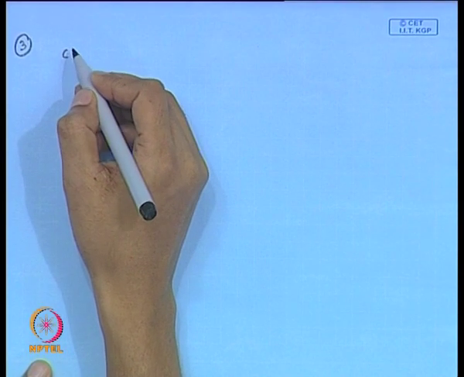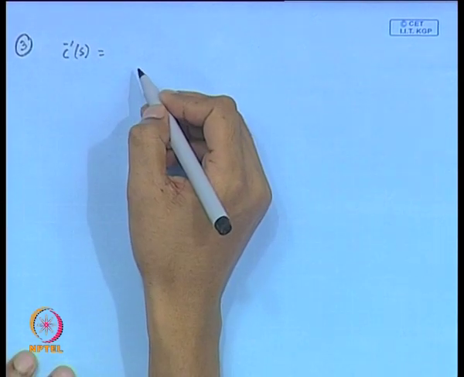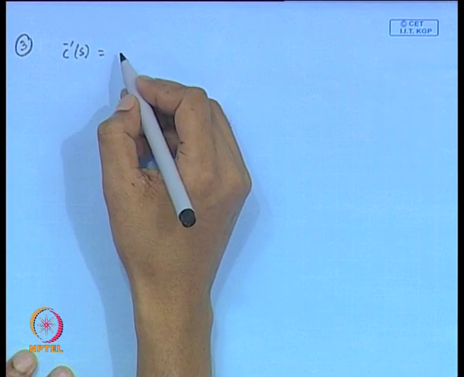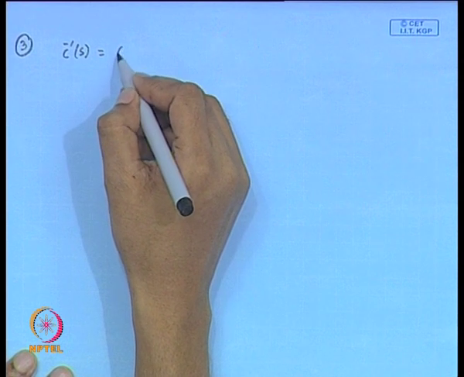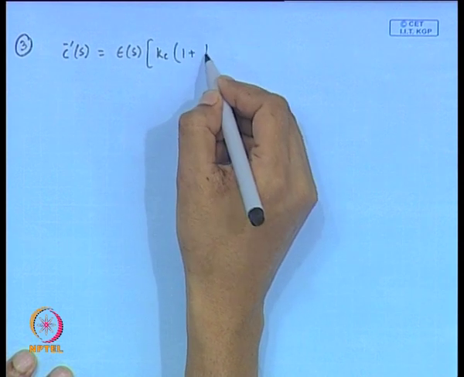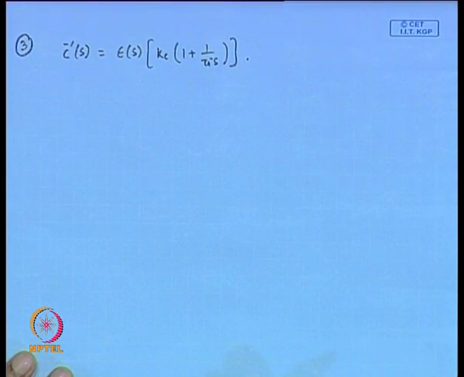Now, we will consider a unit step change in error signal, and we will observe the response of the PI controller. The PI controller equation in Laplace domain we can write as C bar prime S equals epsilon S multiplied by Kc times 1 plus 1 divided by tau I s.